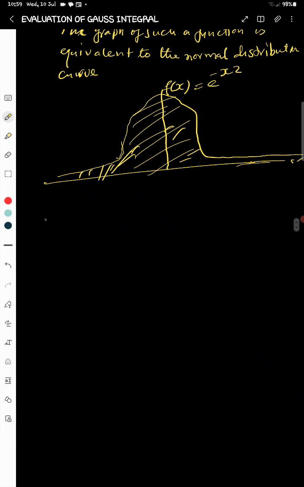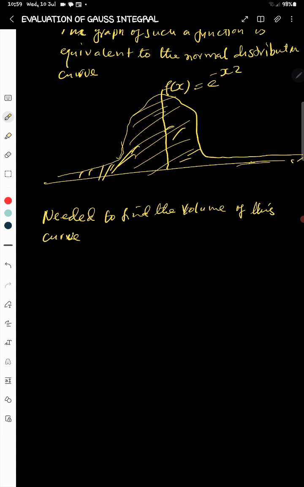Now we needed to find the volume of this curve by double integration.